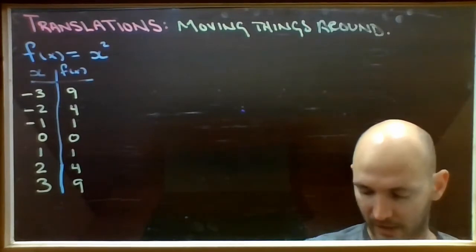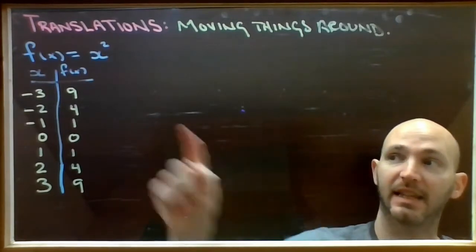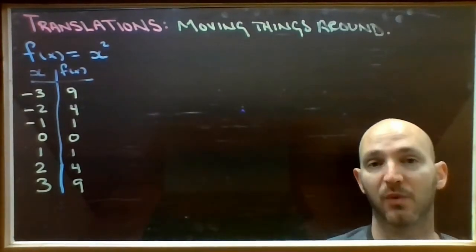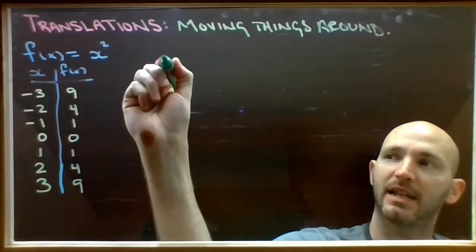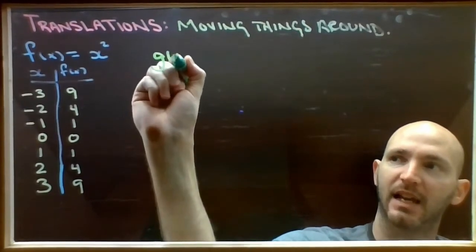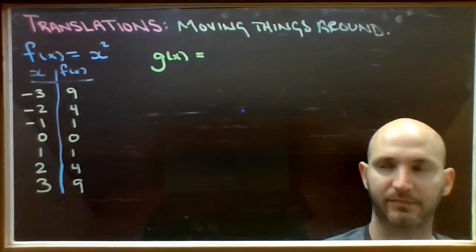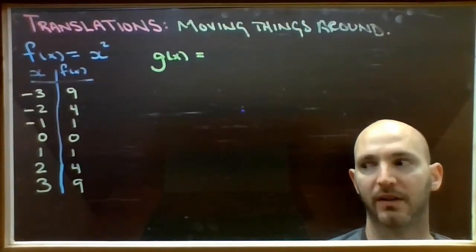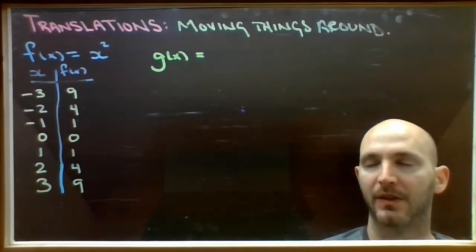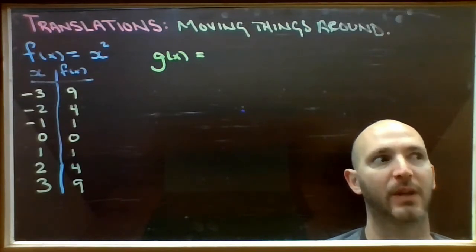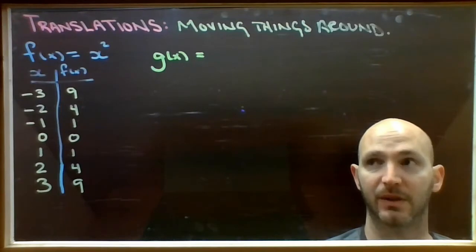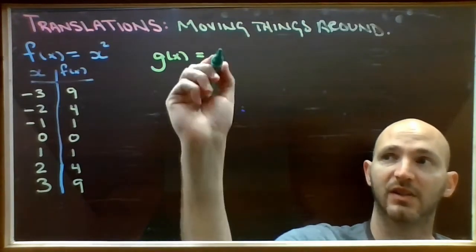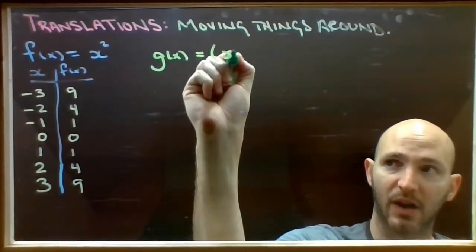Alright, now what I'm going to do is take this basic shape and I'm going to write one that has been translated. So if I take my new function, g, as a function of x, and I'm going to move this one 3 squares to the right. Now that means that x equals 3 has to behave like x equals 0 used to in the function. So I'm going to use some subtraction here.